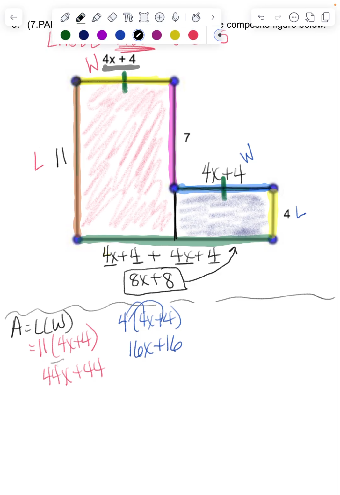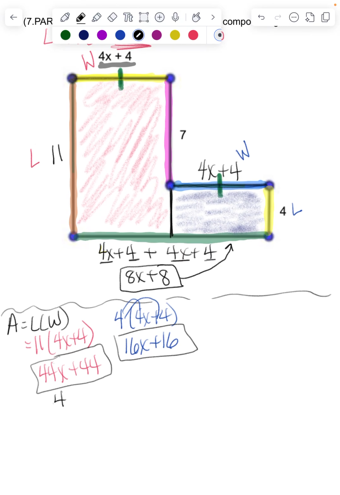Now I've got to take this and add them to have the area of the whole thing. So I've got to take 44x plus 44 and 16x plus 16 and add them together using my calculator.